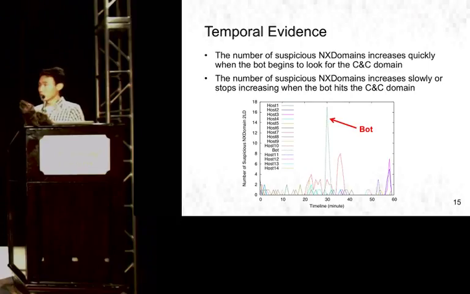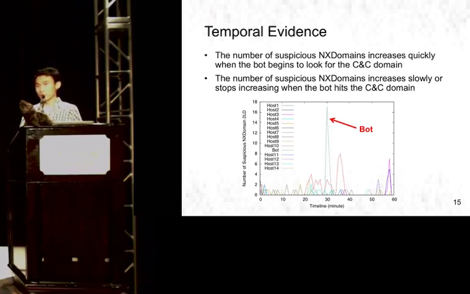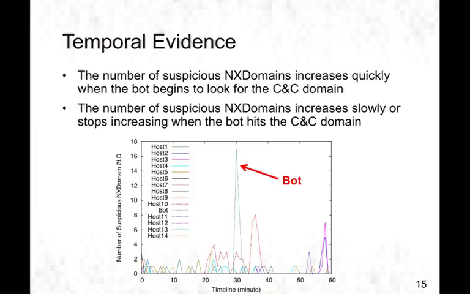The x-axis in the figure is the timeline in minutes from 0 to 60, and the y-axis is the number of suspicious NX domains. From this figure, we can also clearly see there is a spike for the bot. One thing I want to say here is that using this single evidence alone is not good enough to detect a DGA bot, so that is why we combine several evidences together.